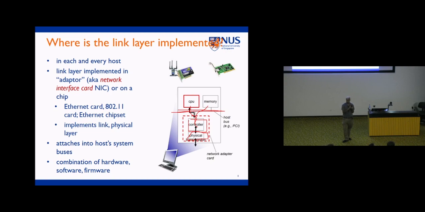If it is my address, then I know this packet belongs to me, so it needs to go to upper layers. At that time, this guy would usually send an interrupt or some kind of signaling to the CPU and then transfer the data from here into the memory.